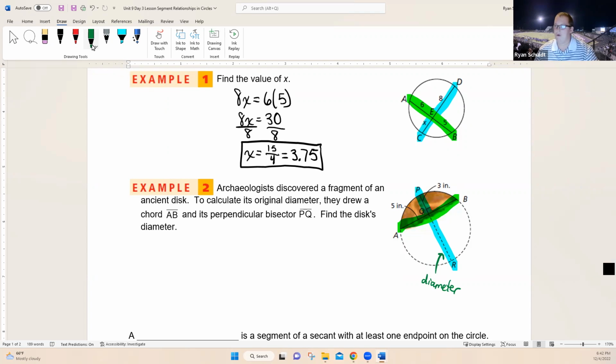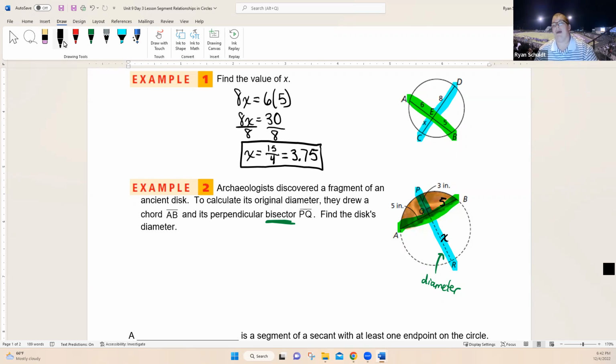Okay, so it's a perpendicular bisector. What does bisector mean? It means it cuts it in half. So A to Q is 5. That means B to Q is also 5. P to Q, it tells us is 3. We don't know what Q to R is.